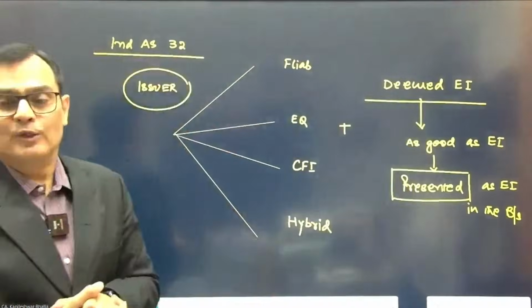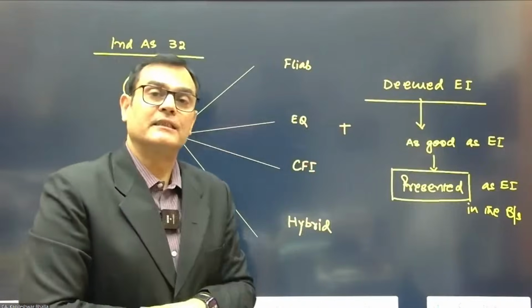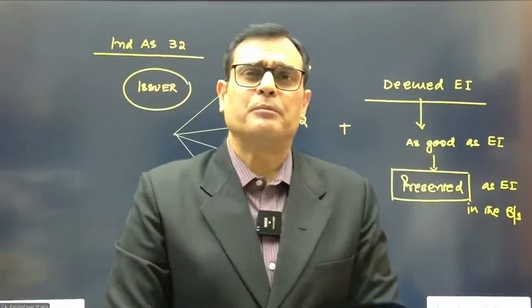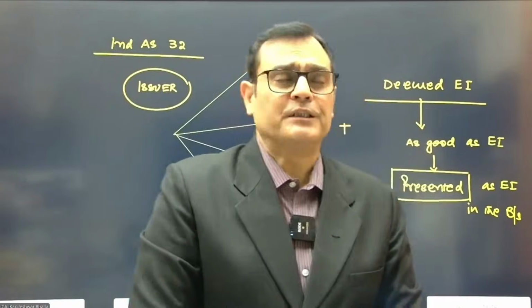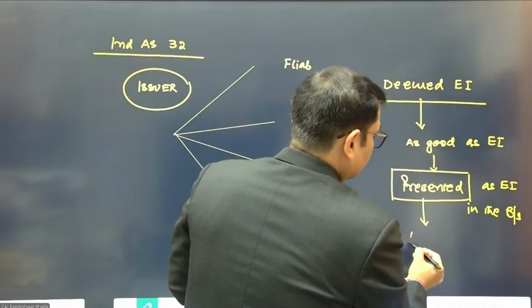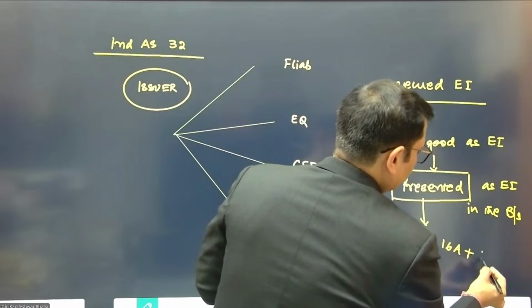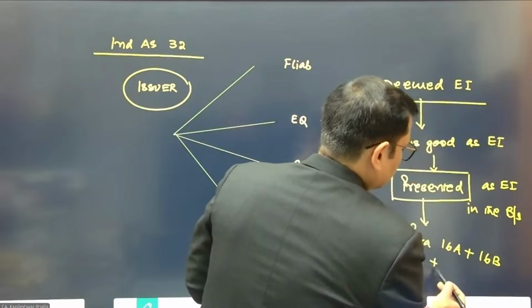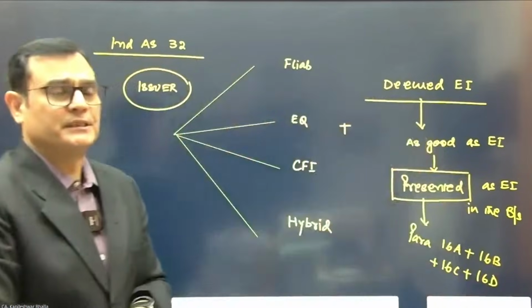So they said, we're looking at certain kinds of instruments which are supposed to be as good as equity instruments. And in this particular case, they gave some inputs in terms of para 16A, para 16B, para 16C, and para 16D.